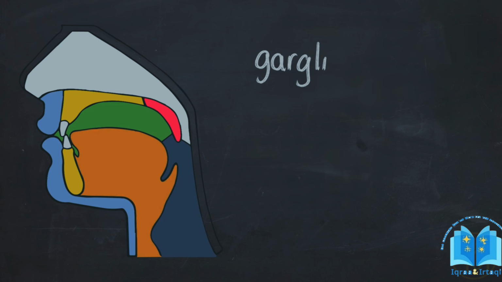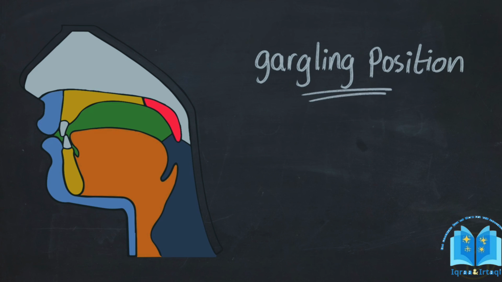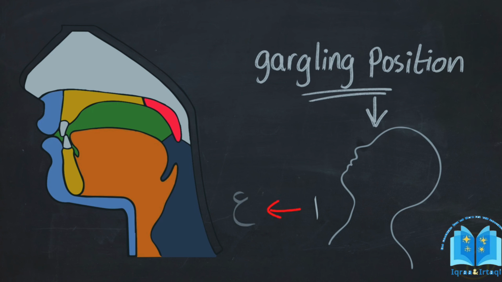The first trick is to start by applying a gargling position, because when your neck is in this position, it is easier to practice your ayn and control your epiglottis. After that, you start with an ah sound, a full mouth alif, and you keep pushing up that ah sound until you feel it is not a vowel anymore, and you start hearing the proper ayn.